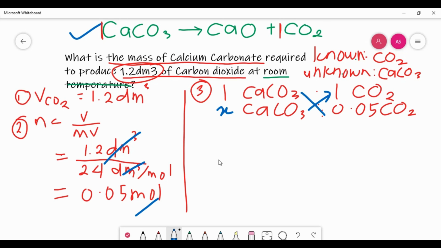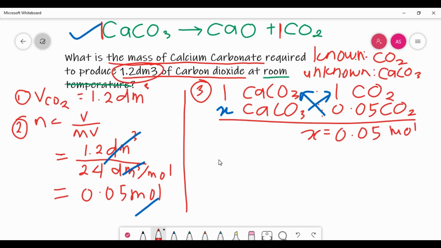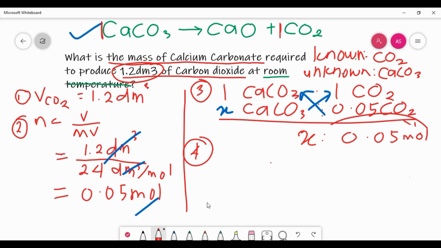Dari sini sama je macam hari tu kita dah belajar, we have to cross multiply. So you will get your X equals to 0.05 mole.